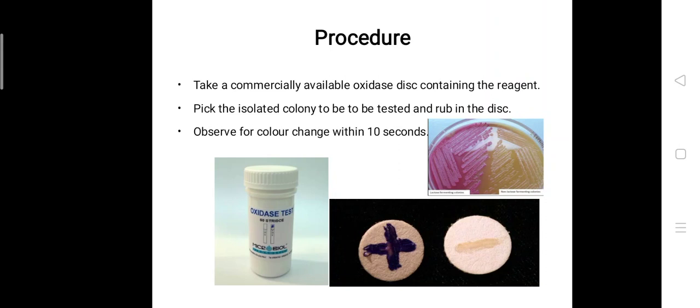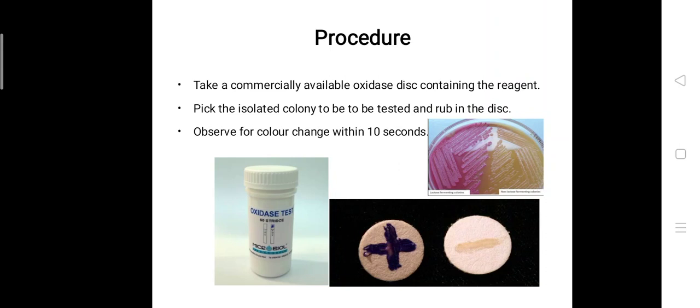The first thing you are going to do is take a commercially available oxidase disc, and then with the help of an inoculating loop or a toothpick, pick up the isolated colonies to be tested.